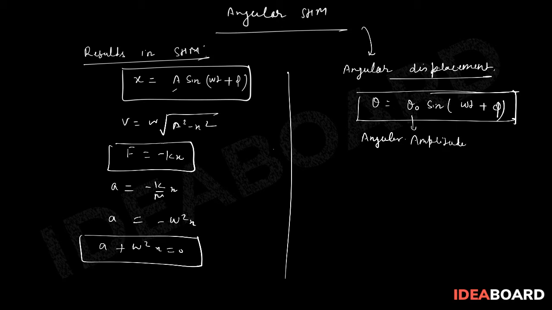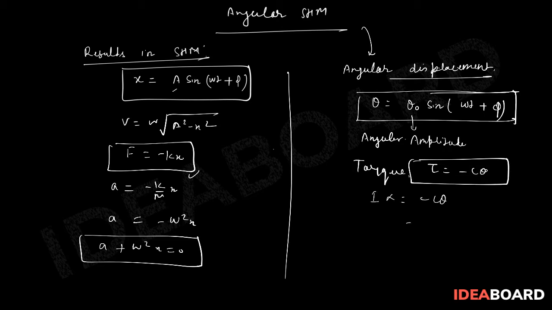Here this will not be force, as we are talking about angular displacement. That means we are interested in torque, which will be equal to minus c theta. So there k was a constant, here c is a constant, so torque can be written as I into alpha in rotation. So alpha can be written as minus c by I into theta.